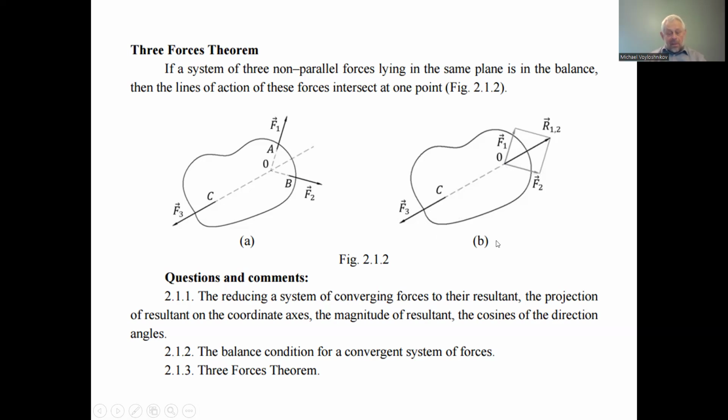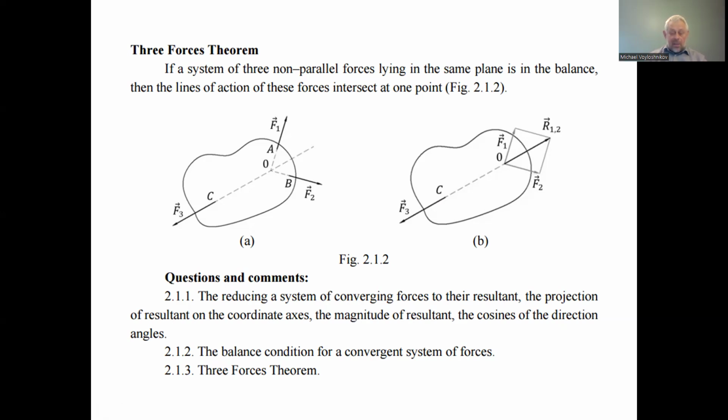Questions and comments. Reducing the system of converging forces to the resultant, the projection of the resultant on the coordinate axis, the magnitude of the resultant, the cosines of the direction angles. To find the resultant of the convergent forces, we can consecutively use the parallelogram rule. Arbitrarily choosing a couple of convergent forces, we can, using the parallelogram rule, find the resultant of these two forces.